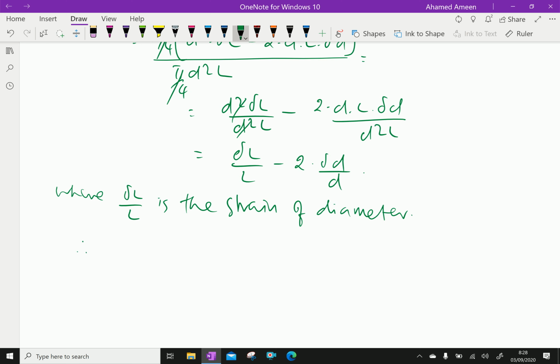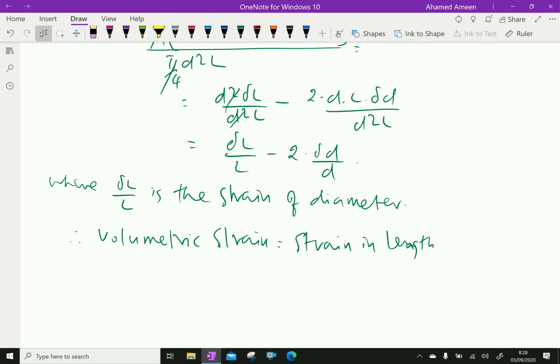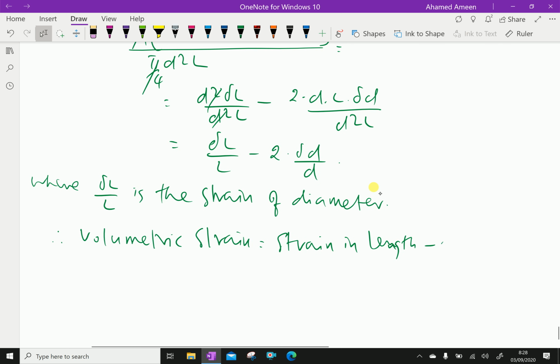Therefore, volumetric strain we can express as strain in length minus twice the strain in diameter.